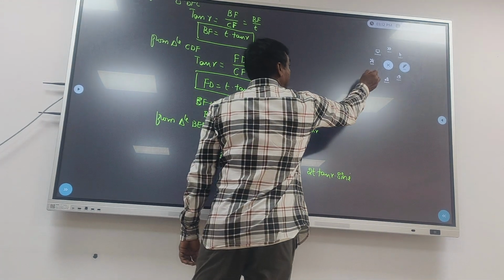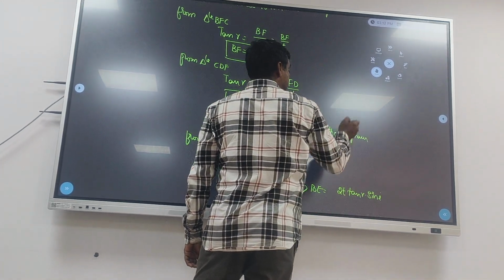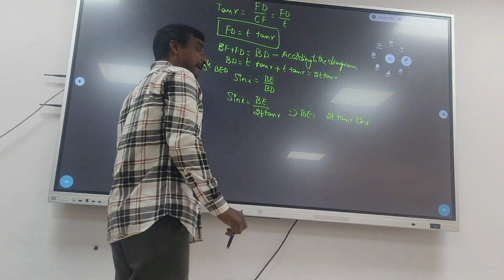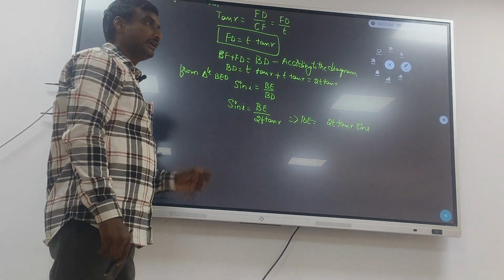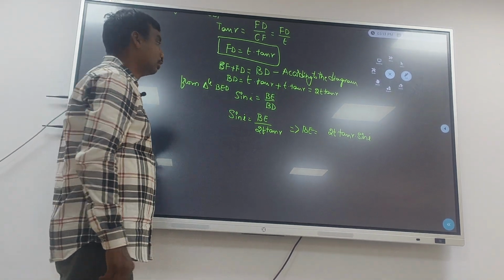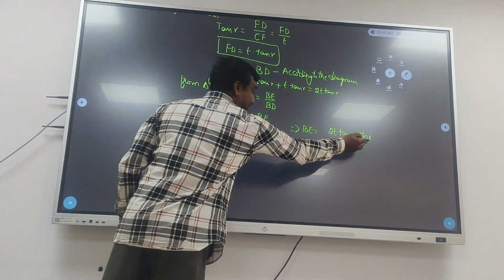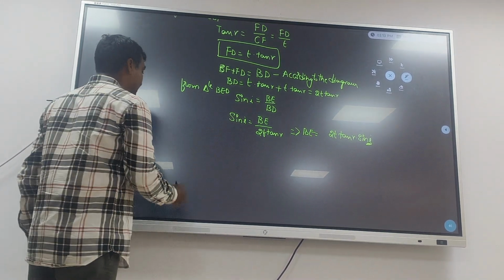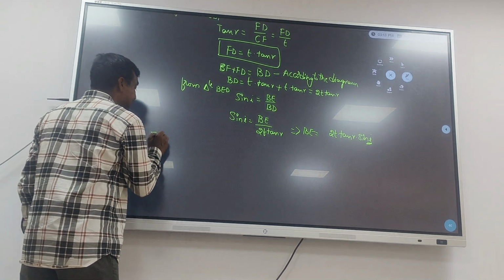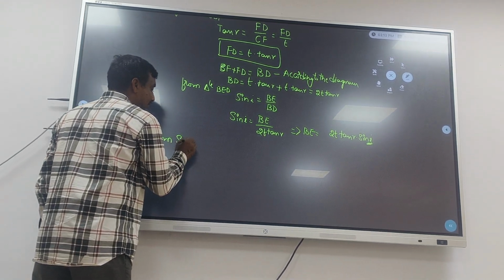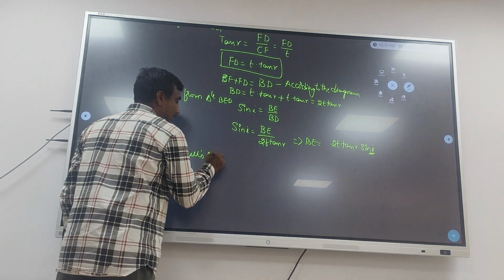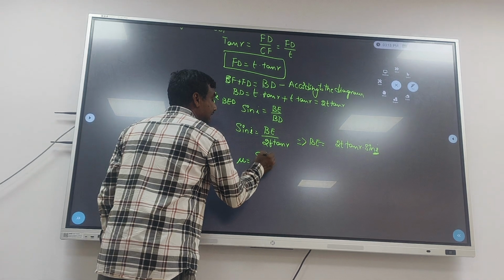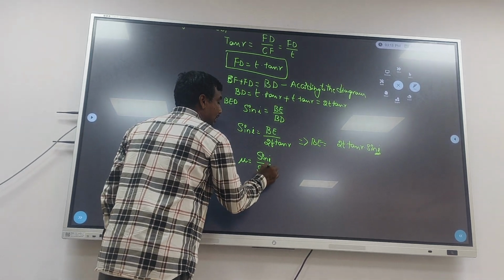So at any cost, there is no possibility of incident angle and refractive angle both existing in the same plane. So we have to convert this i value in terms of r. For that we are using Snell's law. What is Snell's law? Mu is equals to sin i by sin r.